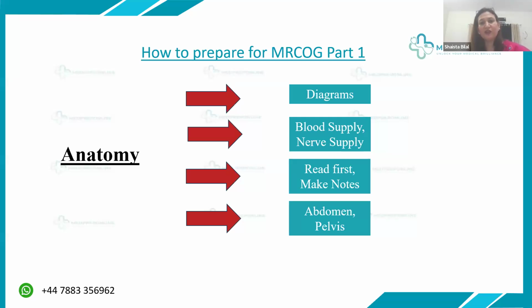You have to study the whole abdomen, pelvis, perineum, and brain, because the pituitary gland is in the brain, and endocrinology mostly comes from there. Sometimes the exam gives you diagrams, and questions on blood supply, nerve supply, pelvic muscles, and support of the uterus. You have to study these more, and it should be clinically oriented.